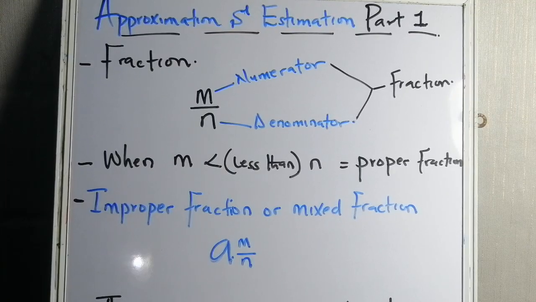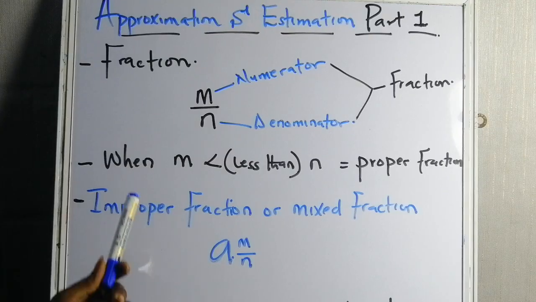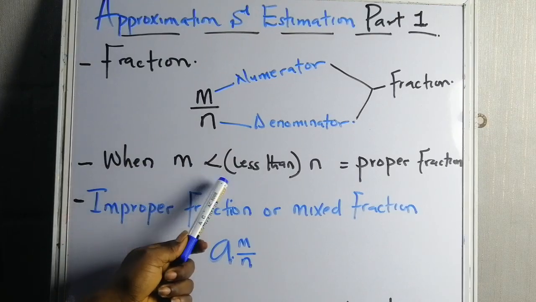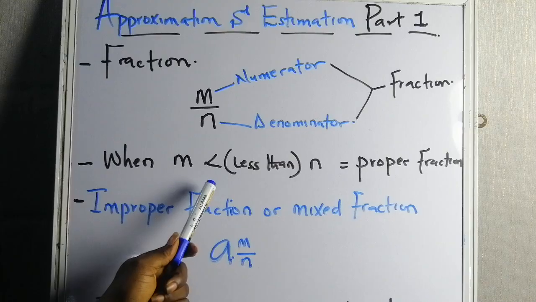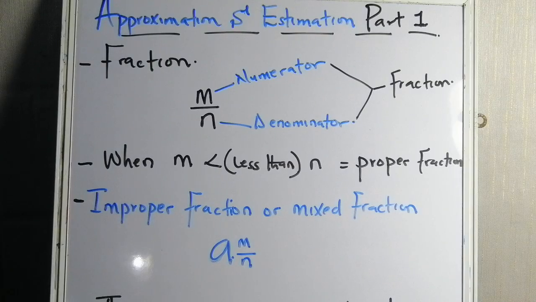Now, in a case where you have m less than n, this is a symbol for less than. We'll still be getting to inequalities. We are taking it one step at a time. We are not rushing. Don't forget, our target here is to ensure that any topic you pick, you understand it to the core, and you'll be able to solve as many questions as possible.